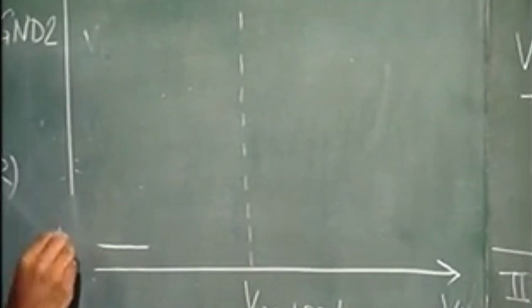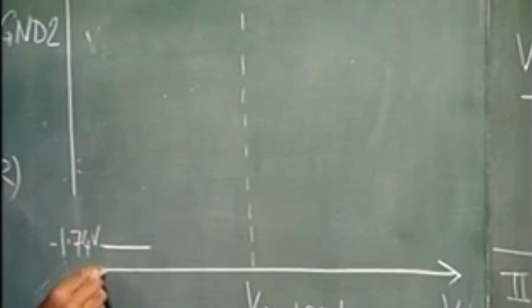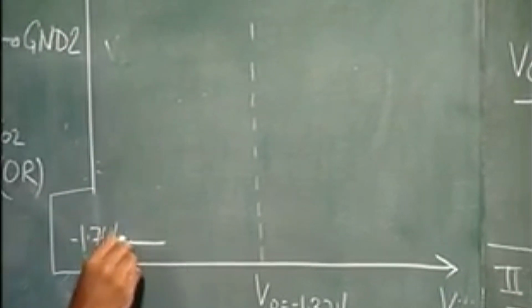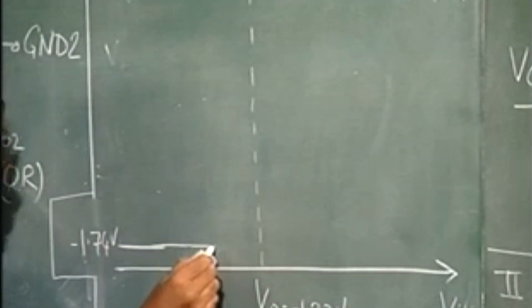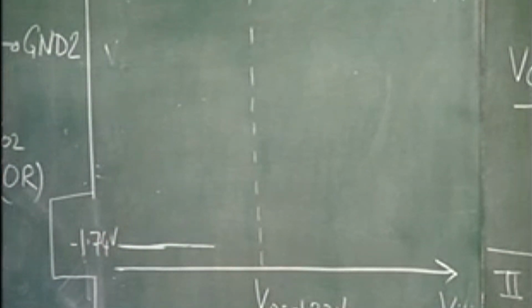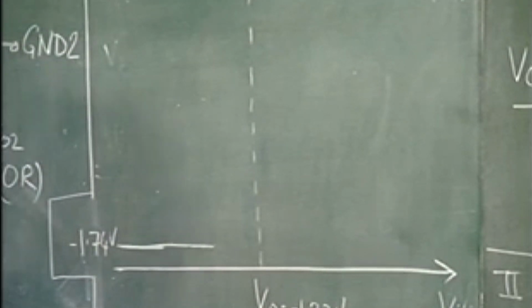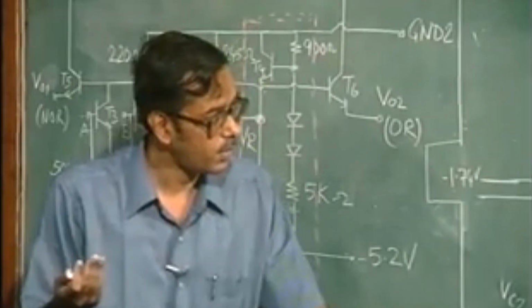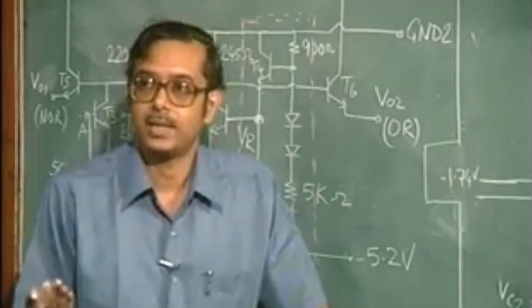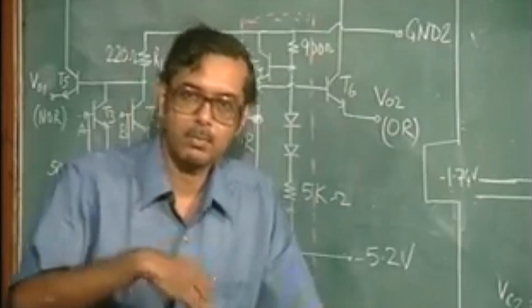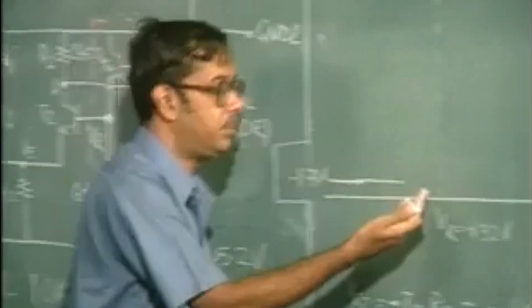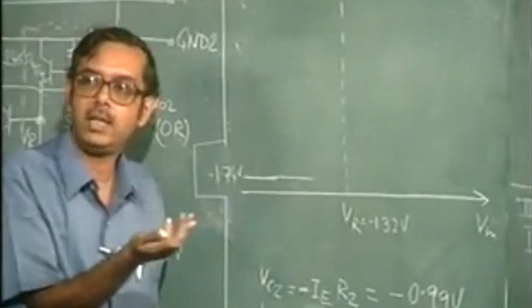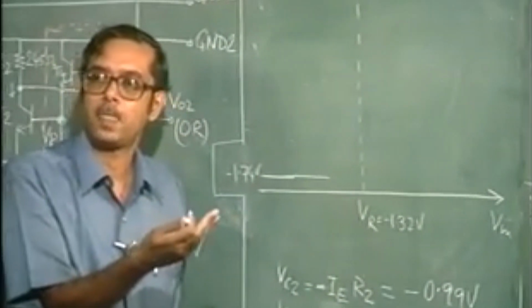This is minus 1.74 volts. So, this goes like this, then up to what value does it go? The logic changes, we have already seen that. The current is going to switch from one branch to the other when the input voltage is about 75 millivolts from the reference voltage.